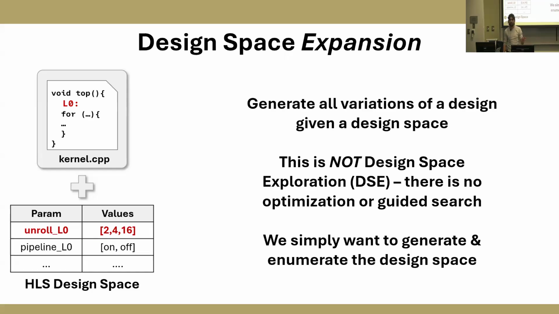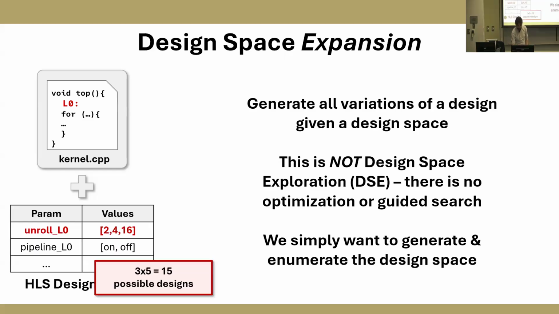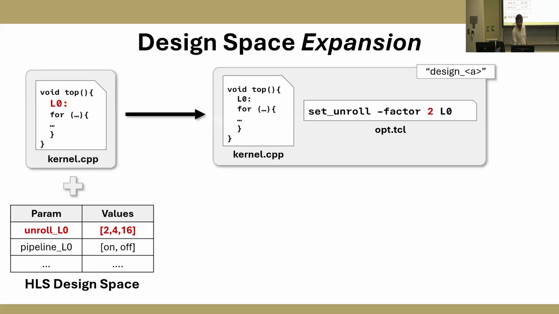This is not DSE. We're not trying to find the best design. We're just trying to sample different points to create a unique distribution in our data set of designs that have different latency and resource usage. So here there would be 15 possible designs you could generate from source code in the design space.